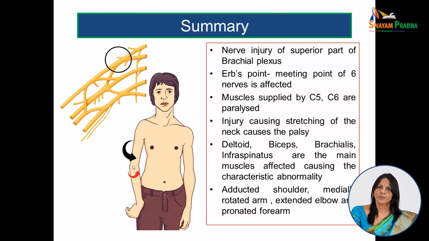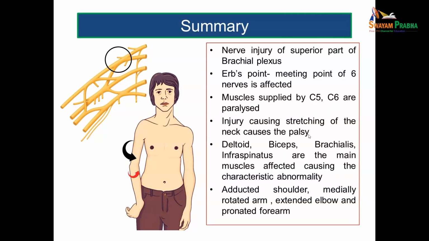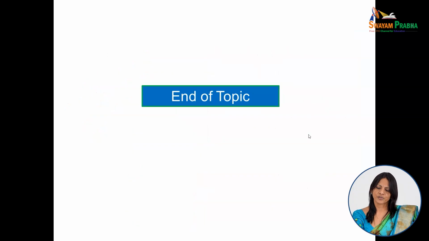So, the typical position of the hand, the adducted, medially rotated arm, extended elbow, and pronated forearm, all that is because of the muscles that are affected, in turn supplied by the C5, C6 nerves. So, that comes to the end of the topic.